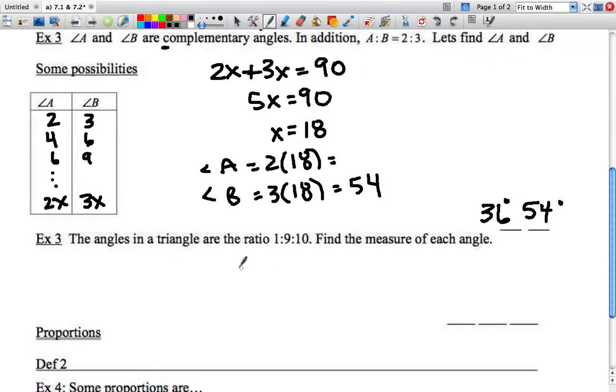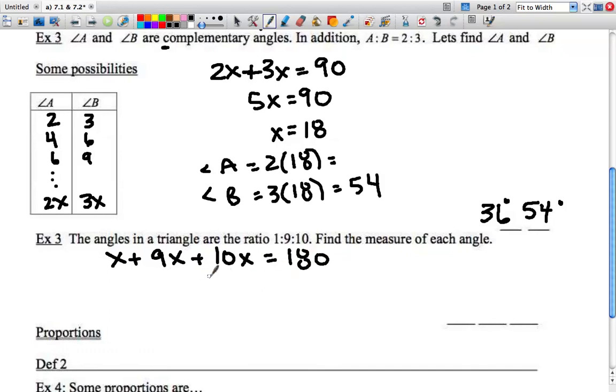Moving along. The angles in a triangle are in the ratio of 1, 9, and 10. Find the measure of each angle. Well, let's remember that the sum of the angles of a triangle is 180 degrees. And if the ratio is 1, 9, and 10, we would simply set up something very similar to what we just did, where the ratio looks like this. And they sum to 180.